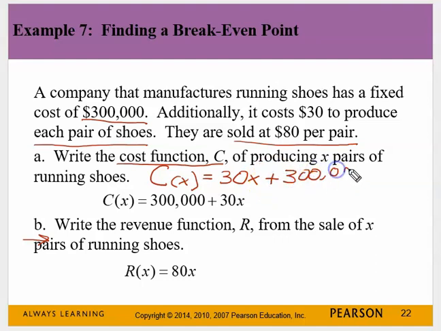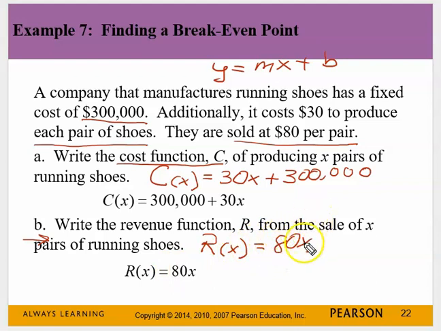Now you might recall this is in the form of y equals mx plus b, where b was your y-intercept from an earlier lesson, and m is your slope. Now, what would be the revenue function? Well, we're using R for revenue, so R of x, remember x is the number of pairs of shoes, is equal to 80x, since you're going to sell each pair for $80.